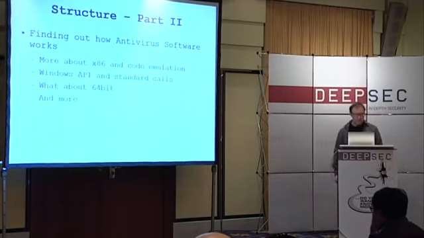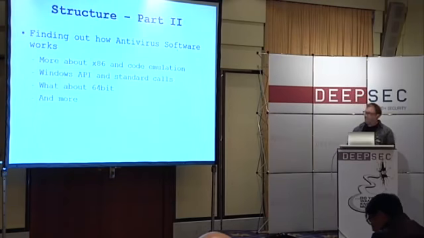In the second part, I will go a little bit deeper into how antivirus software is working anyway. So we will have a little more about code emulation there, about antivirus evasion using Windows API calls, and what's going on with 64-bit.